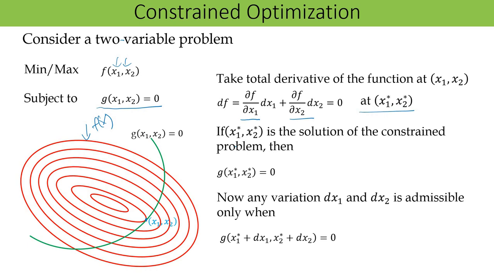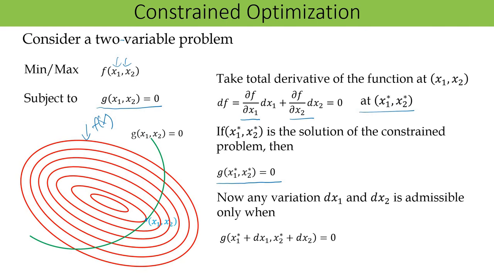If x1 star and x2 star is the solution of the constrained problem, then it must satisfy this constraint. That means it must be on the z line, and therefore z(x1, x2) must be equal to 0. So you were at this particular point.